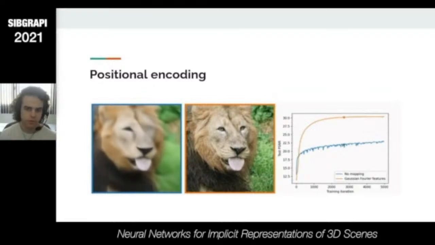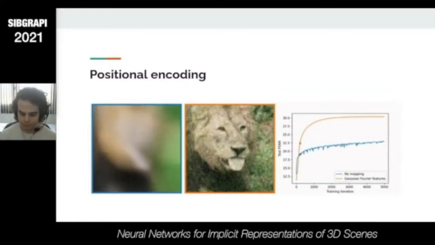And it's very obvious that the network on the right, first of all, learns much quicker than the network on the left, and also reaches an overall accuracy that's considerably better than the network that doesn't use positional encoding.